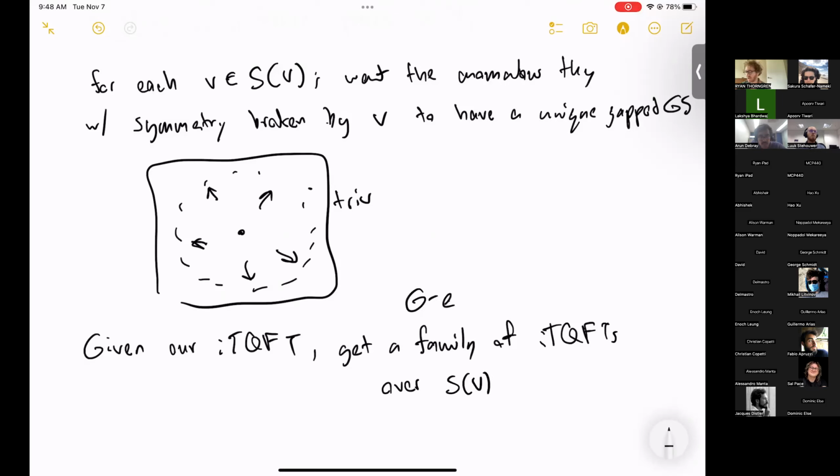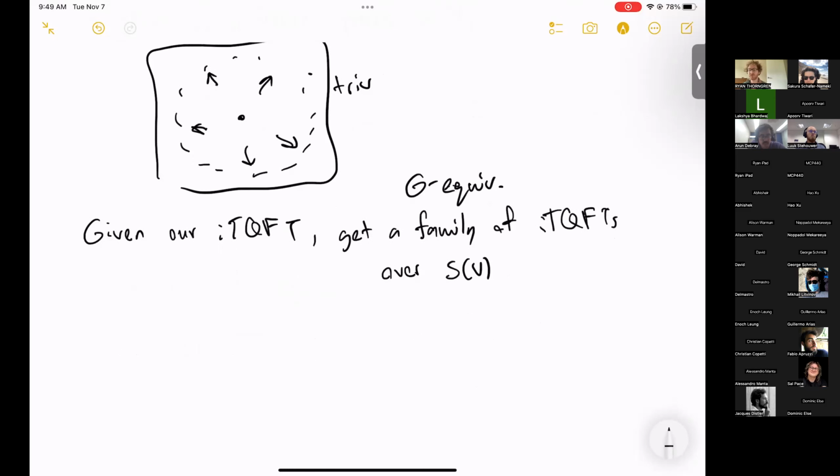And in fact, we get a G-equivariant family. If you get one thing from this talk, I want you to appreciate this definition. The family means that for every point on the sphere, we have an invertible TQFT. Or more generally, we can just have any theory. Now, if this was a symmetric family, we would say that we want all these theories to have a G symmetry. And in fact, these are all models happening in the same Hilbert space.